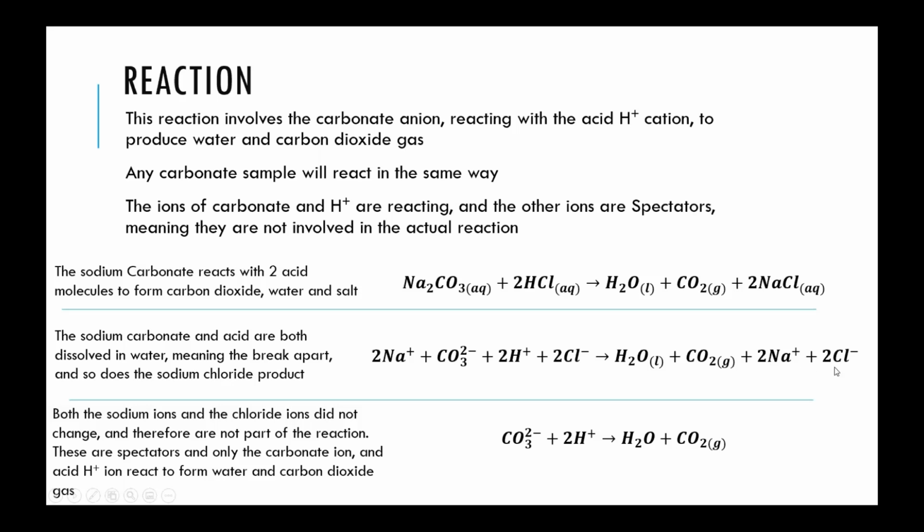These sodium and chloride ions are the same on both the product and the reactant side, indicating that they did not play a role in the actual reaction. By canceling these out, you're left with the full actual reaction of what's going on. The carbonate component reacts with the H+ component to form carbon dioxide and water.